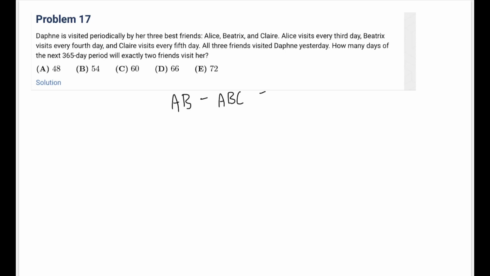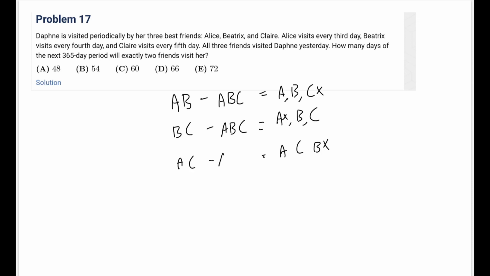Because that will give us only Alice, Beatrix, and no Claire, right? And then for no Alice, and yes Beatrix, yes Claire, that will be BC minus ABC, and for the same reason, just Alice and Claire, with no B, would be AC minus ABC.